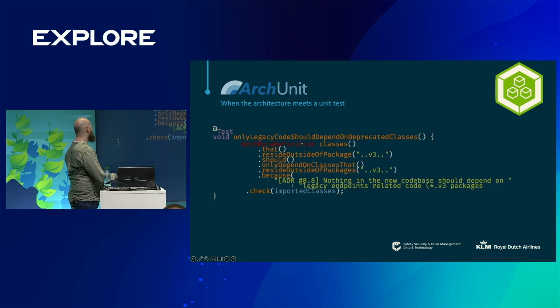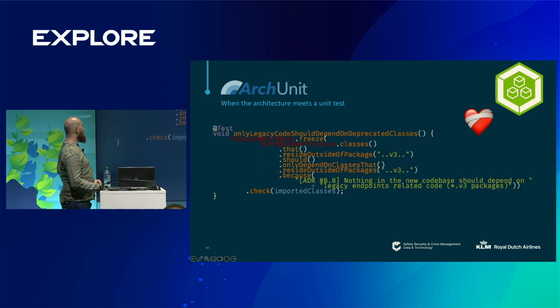I did recently discover that ArchUnit has something called a freezing arch rule. What this does is, the first time you run this test, it will write to a text file all of the violations that have happened in that test. You then commit that file and it becomes part of your repository.